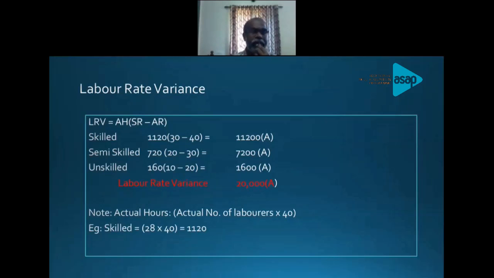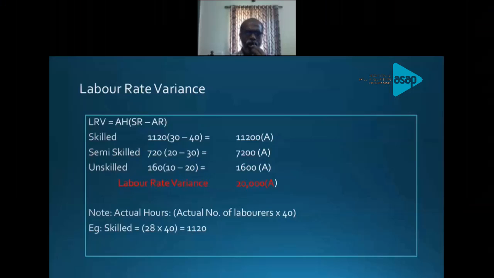And semi-skilled, 720. We have already calculated it: actual number of semi-skilled employees into 40 is 720. The standard wage rate was 20. The actual wage rate applicable to semi-skilled workers is 30. Here also the actual wage rate is more than the standard, so the variance is adverse, 7,200.